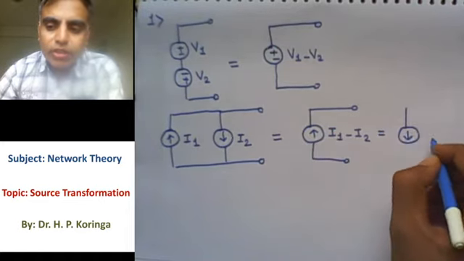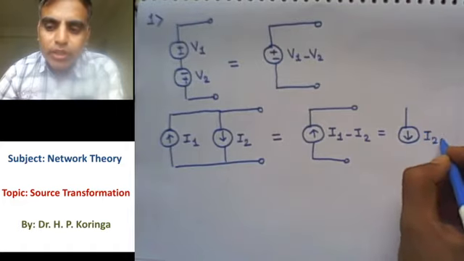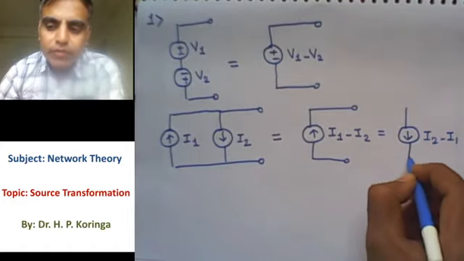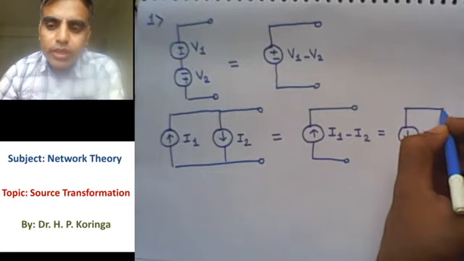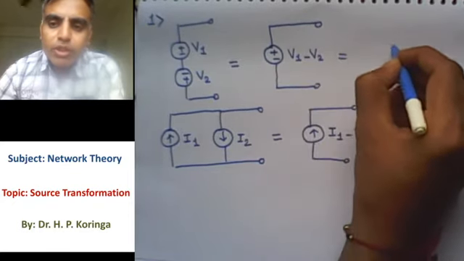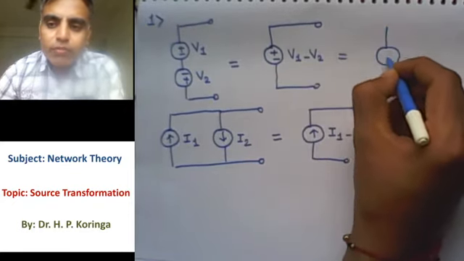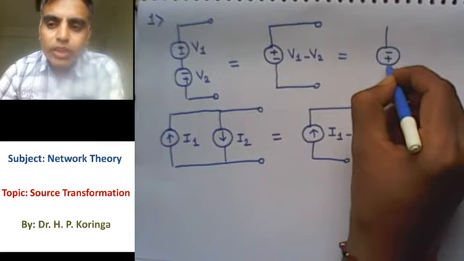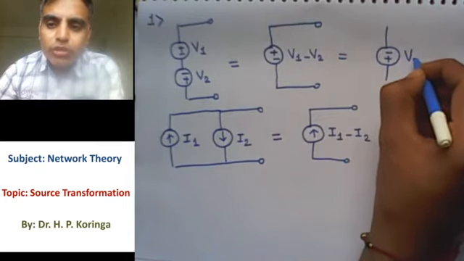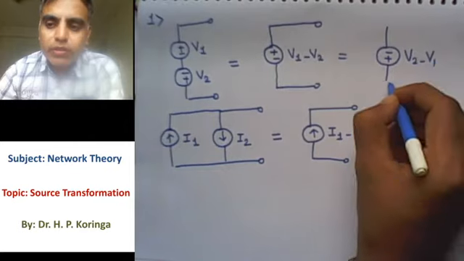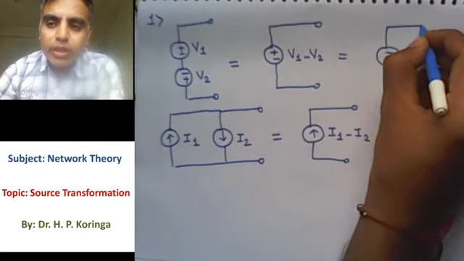If we take the direction of I2, then the value of current is I2 minus I1. Same way for the voltage source, if we take the polarity of V2, then the value of this voltage source is V2 minus V1.